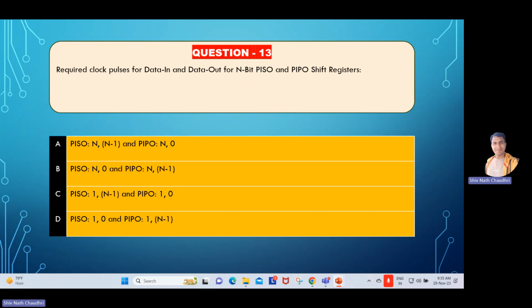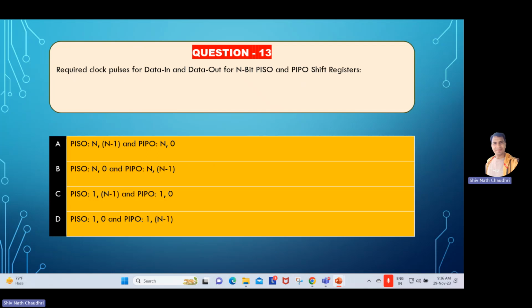The next question: required clock pulses for data in and data out for n bit PISO and PIPO shift registers. PISO means parallel in, serial out. For parallel in, we require 1 clock pulse, and for serial out n minus 1. So 1 comma n minus 1 for PISO.